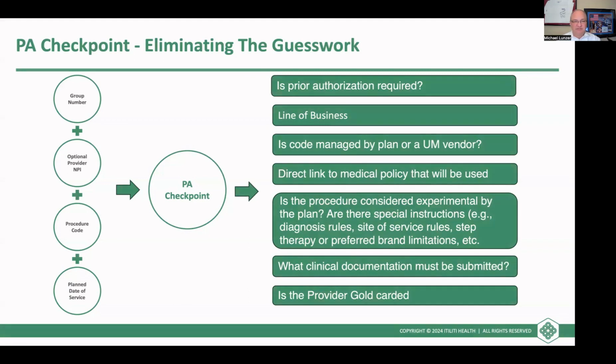Numerous other specific instructions can be incorporated into the answer that the provider gets. We can also tell the provider what clinical documentation needs to be submitted, and even if that particular provider is gold carded and exempt from a prior auth because of their performance.